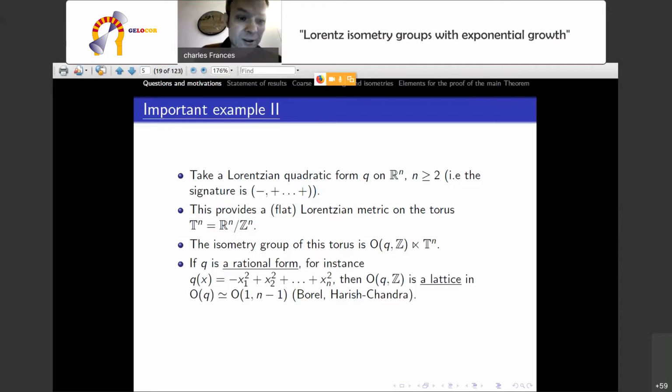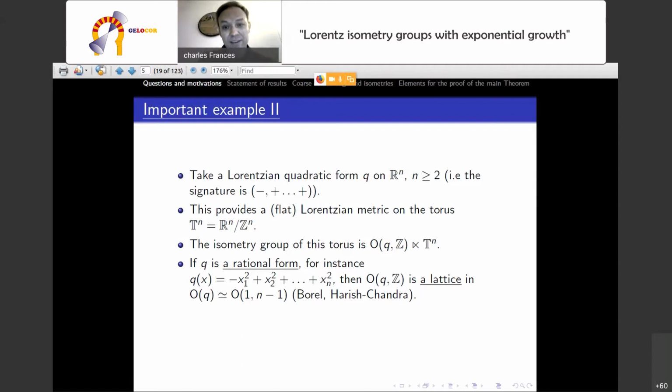And if you moreover started with a rational form Q, meaning that up to multiplication by a real, all coefficients are rational, then the group O(Q,Z) is actually a lattice in O(Q). This is a theorem of Borel and Harish-Chandra. So in this case, you see that O(Q,Z) is big. It's basically a lattice in O(1,n-1).